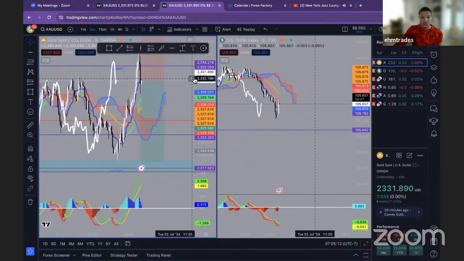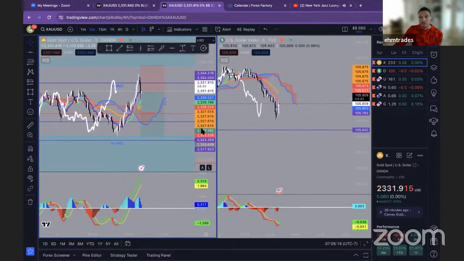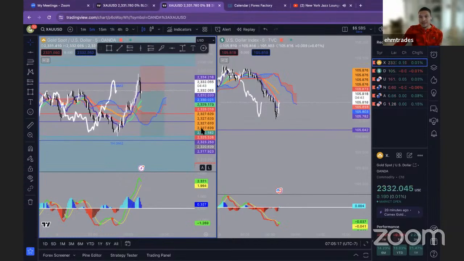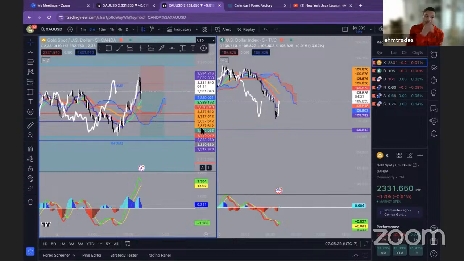Still in my gold sell. I like the 5-minute action right now. I like MACD. I like our volume on the 5-minute. I like that price just got below that conversion line. I would love for price to hold its position underneath that conversion line.